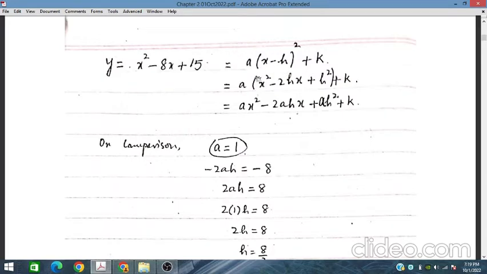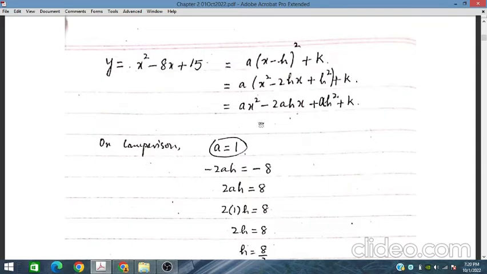So we'll write down, solve this bracket. We obtain this, and this a is multiplied by this bracket, and we have ax square minus 2ahx plus ah square, and then finally this.